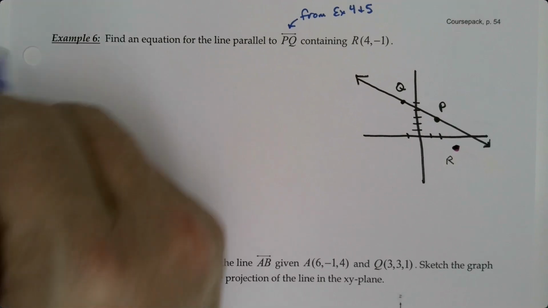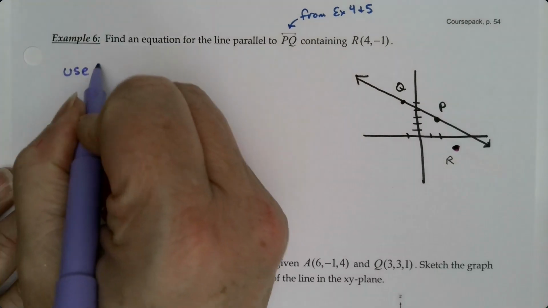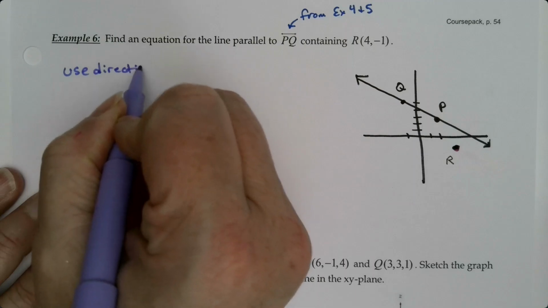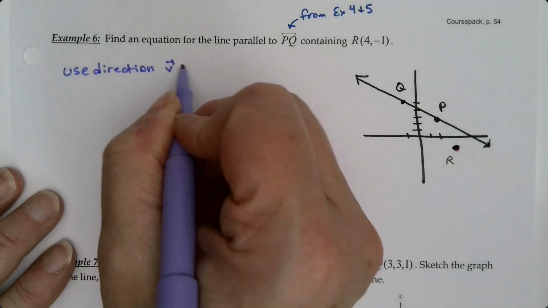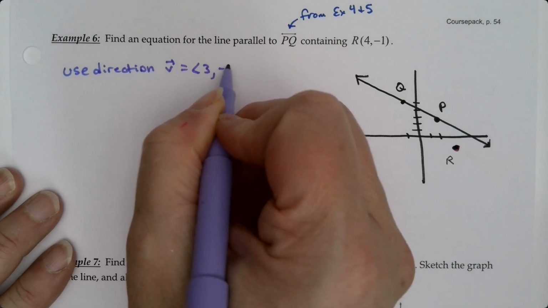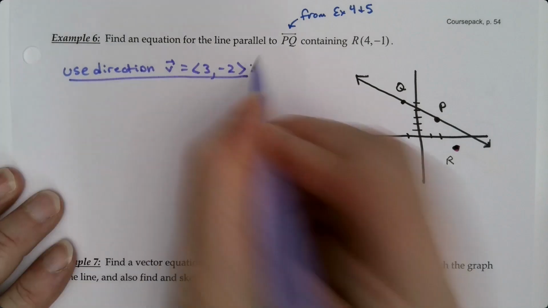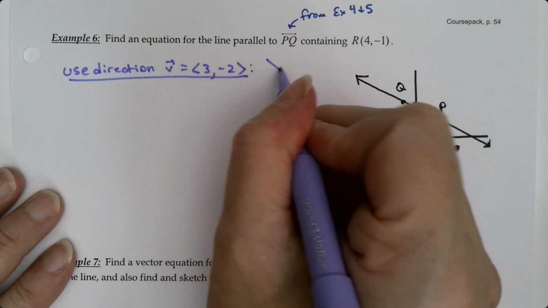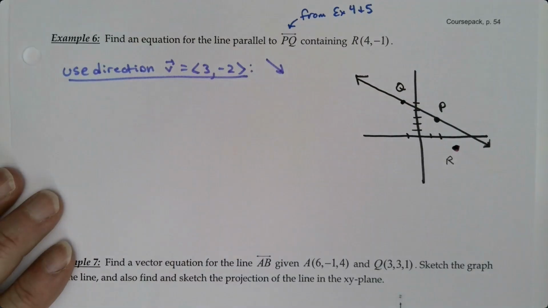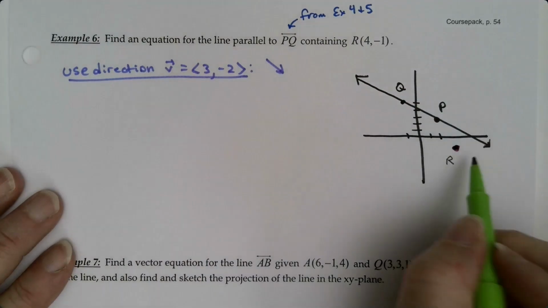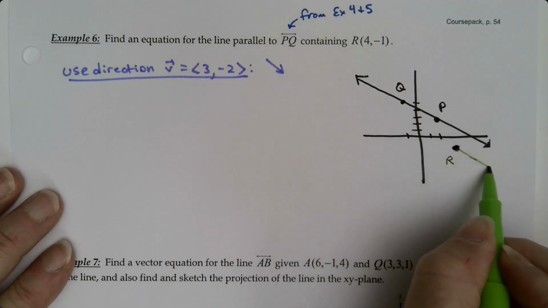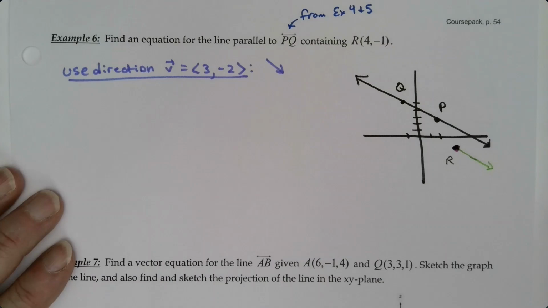Let's use direction vector V equal to (3, -2). So that points that way, and it will come off of R like that and be parallel to the line.